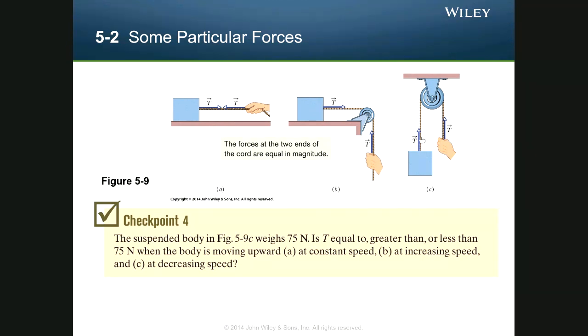If you're using like 500 grams, which we would do in the lab, and the string is light and the pulley is, say, 2 grams, and the pulley has nice bearings and is very smooth in its rotation, it's a pretty good approximation.